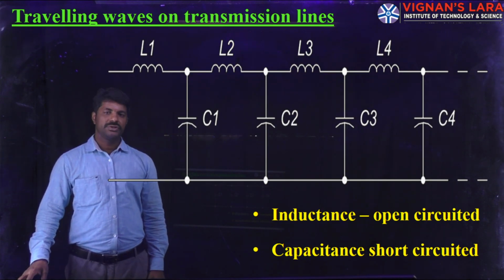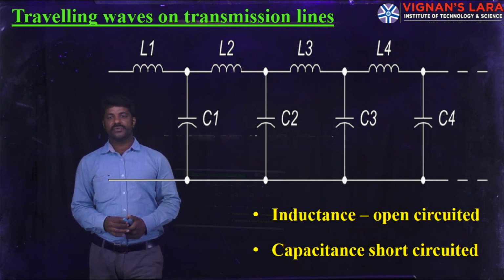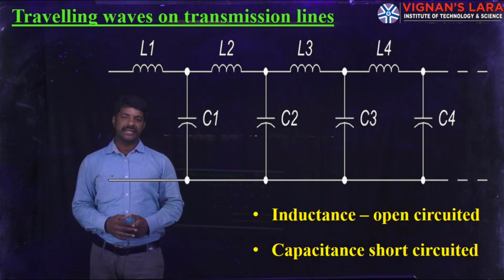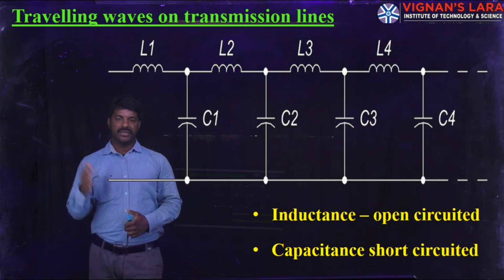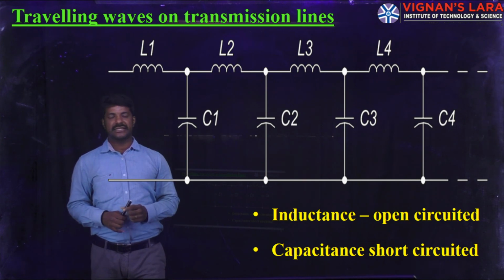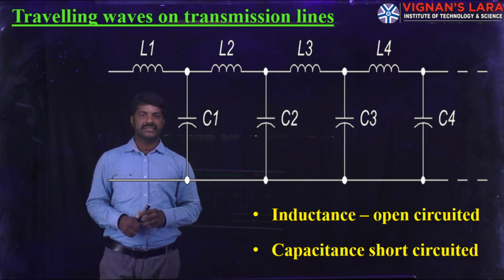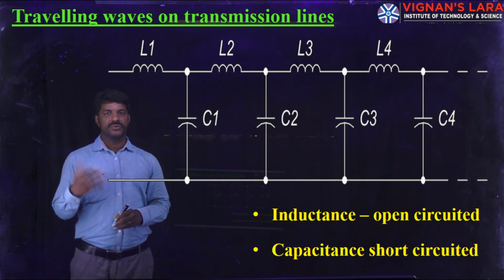This is about the introductory part of our fourth unit, and in the next class we are going to see how exactly the waveform propagates from the sending end side to the receiving end side against the energy storing elements called inductor and capacitor for a lossless line. As I am saying it is a lossless line, the resistive elements must be 0.